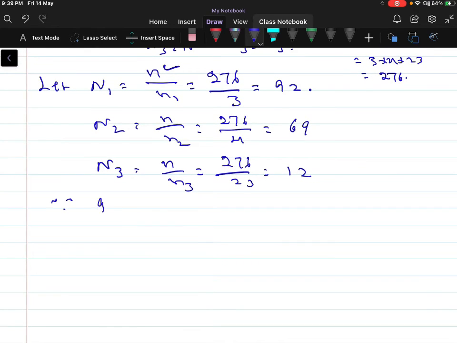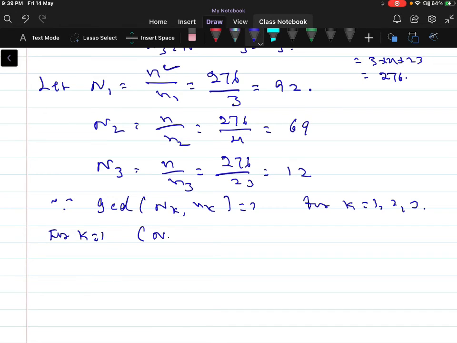Since GCD of Nk comma small nk is equal to 1 for k equal to 1, 2 and 3. For k equal to 1, GCD of N1 comma small n1, where capital N1 is 92, GCD of 92 comma 3 is equal to 1.